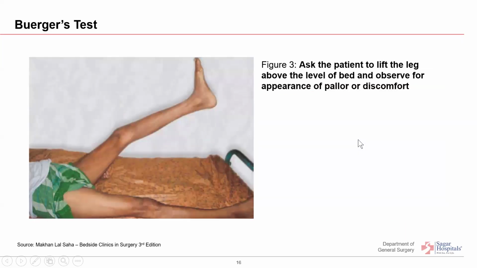Then you have the Buerger's postural test, where we ask the patient to lift the leg above the level of the heart. But in our Indian population, this is very difficult to find out because of the complexion of the skin. Usually it's demonstrated in Western countries. What we see is that at one particular angle, there will be appearance of pallor.